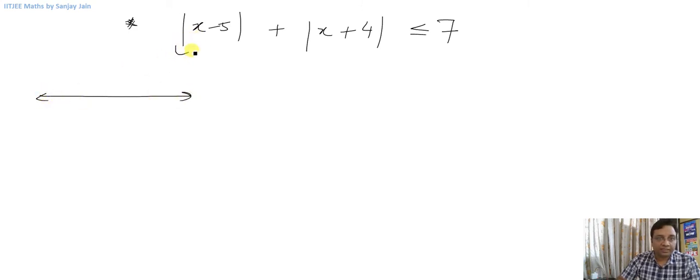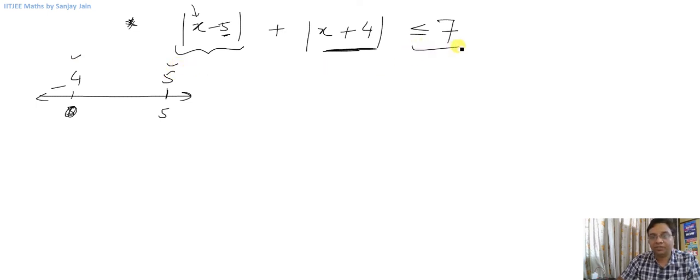Here I am looking for a number which is at a certain distance from this number 5, and here I am looking at the distance from negative 4. So let it be negative 4, let it be 5. Okay, so what I am looking for is a real number, the sum of distances of which from negative 4 and 5 is lesser than or equal to 7.